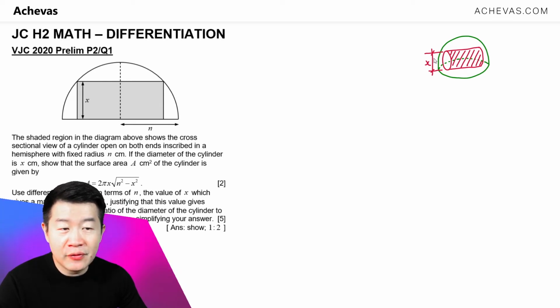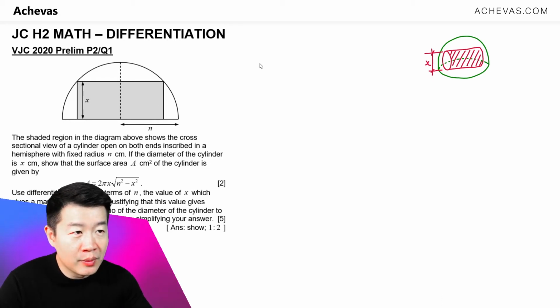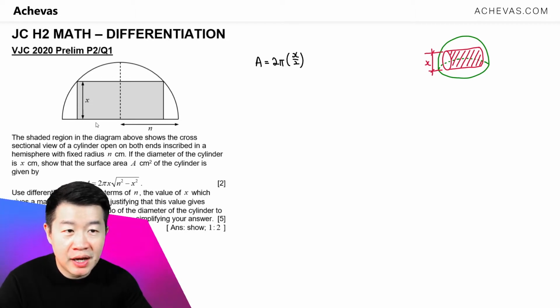To find the surface area A, it is going to be 2 pi r h. 2 pi times the radius, which is x over 2, times the height h of the cylinder, which is something that we've got to find. I'm going to make use of this right-angled triangle over here, where this is 90 degrees.